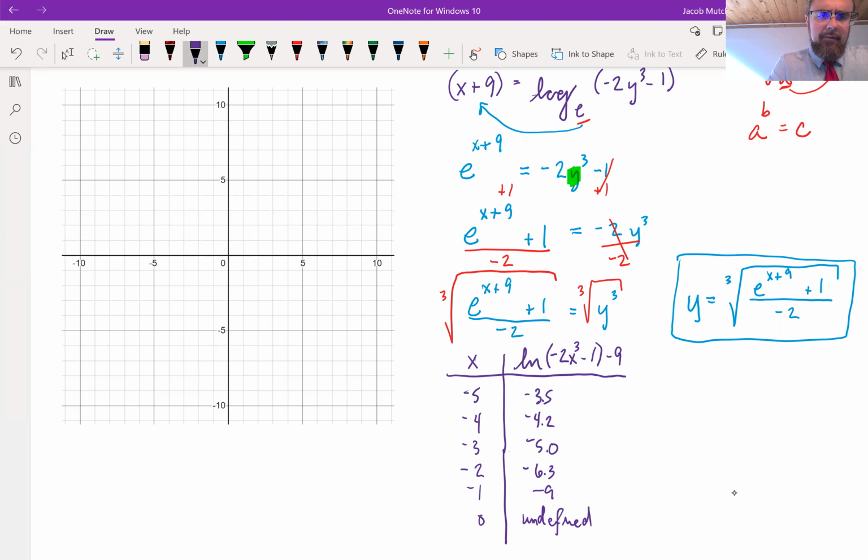So negative 5, a lot of this, most of this graph's in quadrant 3 here. Negative 5, negative 3.5, negative 4 is negative 4.2. Negative 3 is negative 5. Negative 2 is negative 6.3. Negative 1 is negative 9.